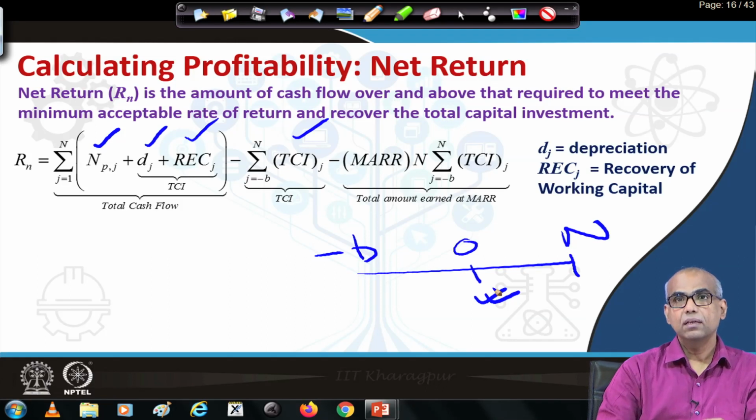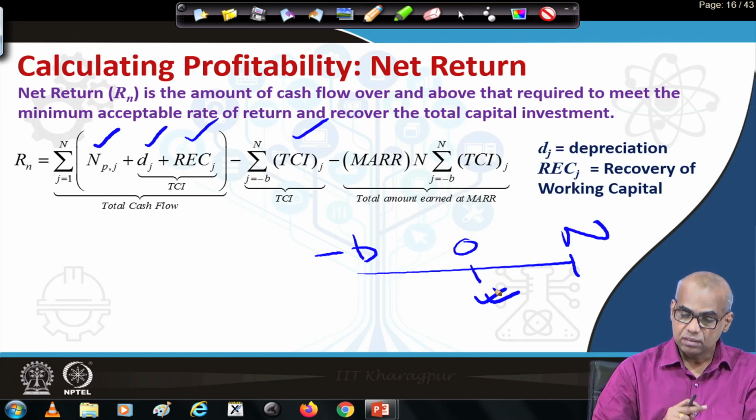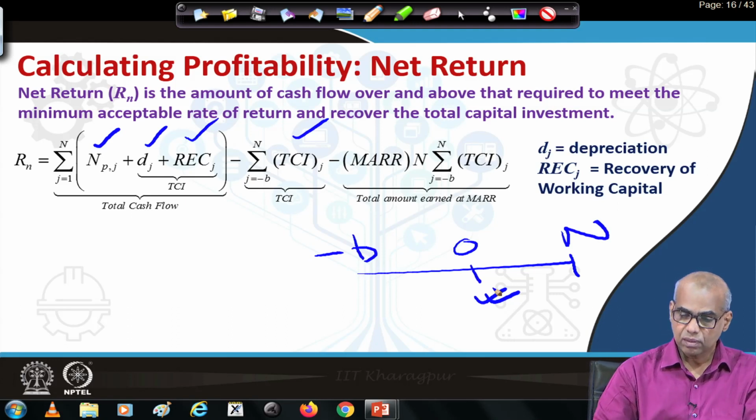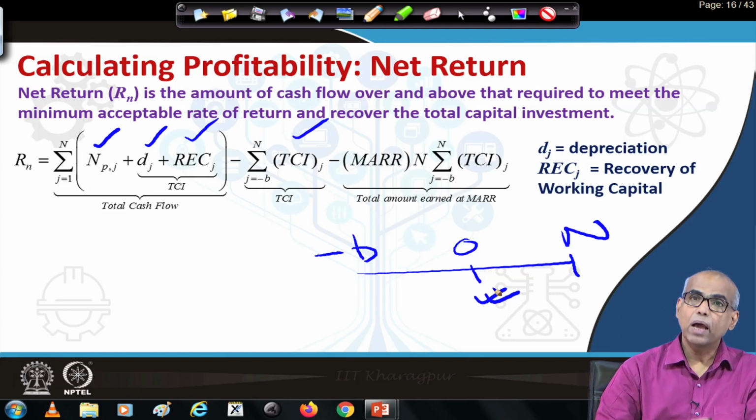We have seen that your investment starts much earlier than the startup operation. So, if we say time t equal to 0 represents startup operations, we have started investing at time t equal to minus b.